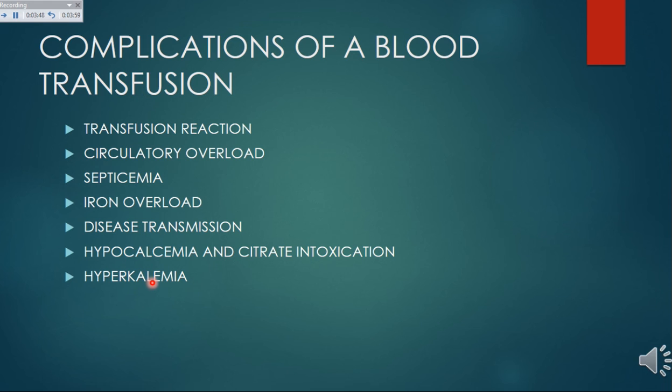After that hemolysis occurs, so the stored blood liberates potassium through hemolysis. So the older the blood, the greater the risk for hyperkalemia. Therefore, clients at risk for hyperkalemia, such as those with renal insufficiency or renal failure, should receive fresh blood. Otherwise the condition will lead to hyperkalemia.